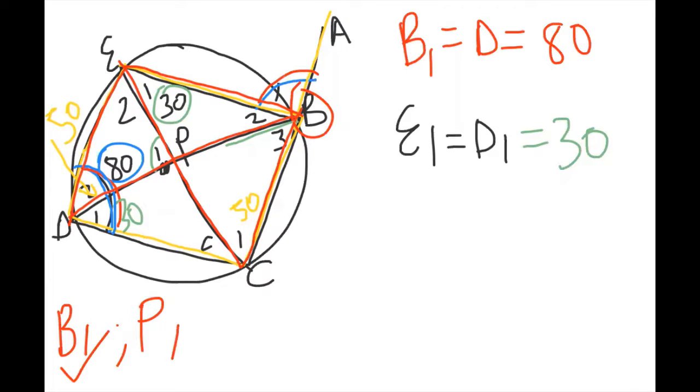So this arc over there, EB, extends to D2 and extends to E1. That's why we can say E1 is 50. So I'm just going to remove the reds of the arcs now.